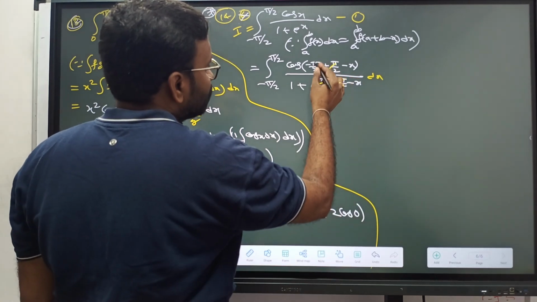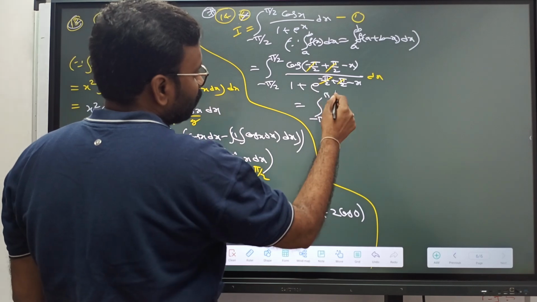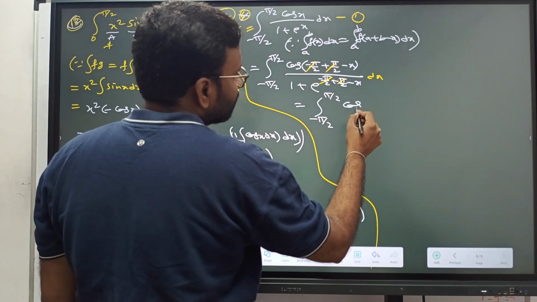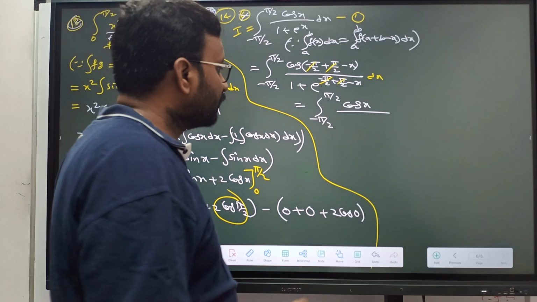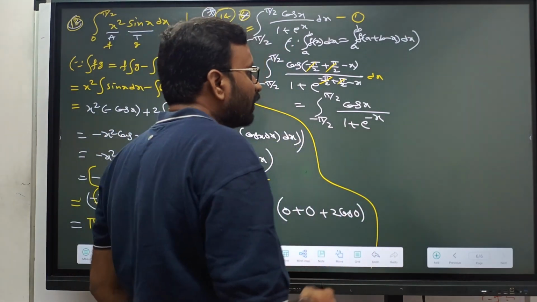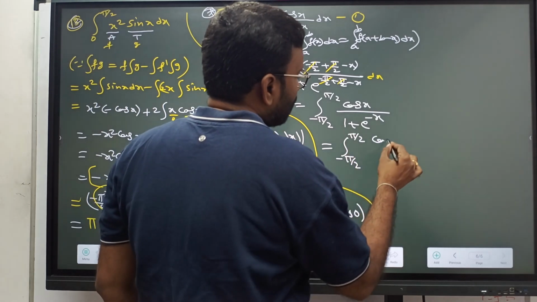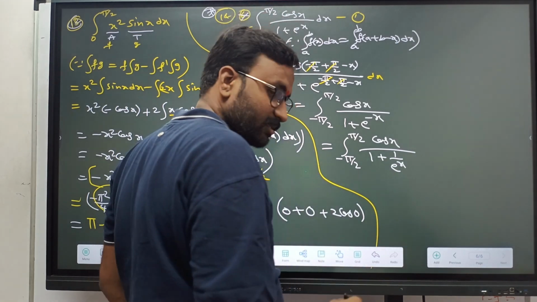These two will get cancelled. What is left? Integral minus pi by 2 to pi by 2 cos of minus x, which is cos x only, since cos of minus theta is cos theta, by denominator 1 plus e power minus x.